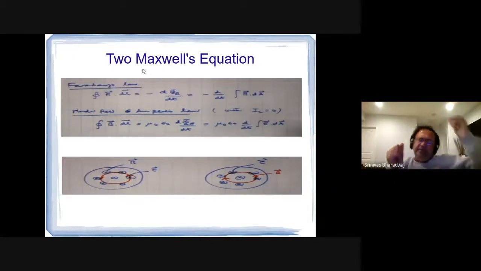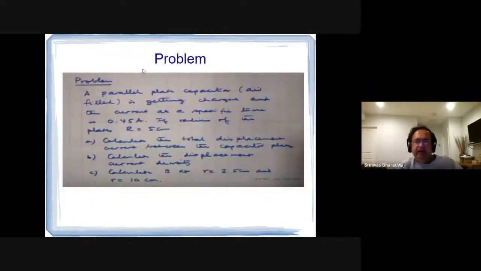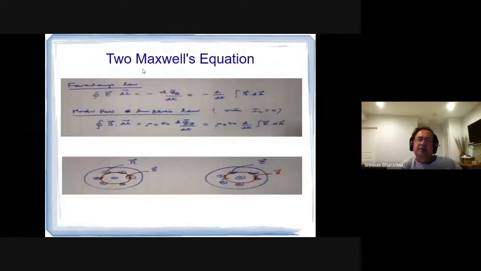Basically, after all this was discovered and discussed, there was this person called Maxwell. Maxwell came and said there are only 4 things that are happening in electromagnetics, and he reduced it to 4 equations.